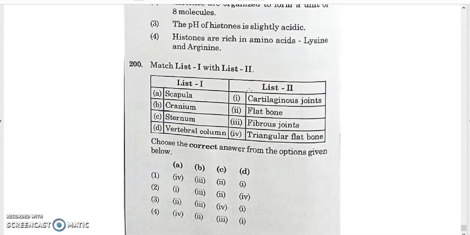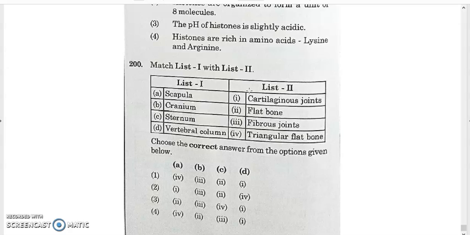Now the last question, 200: scapula, cranium, sternum, vertebral column. Options: fibrous joint, flat bone, cartilaginous joint, triangular flat bone.